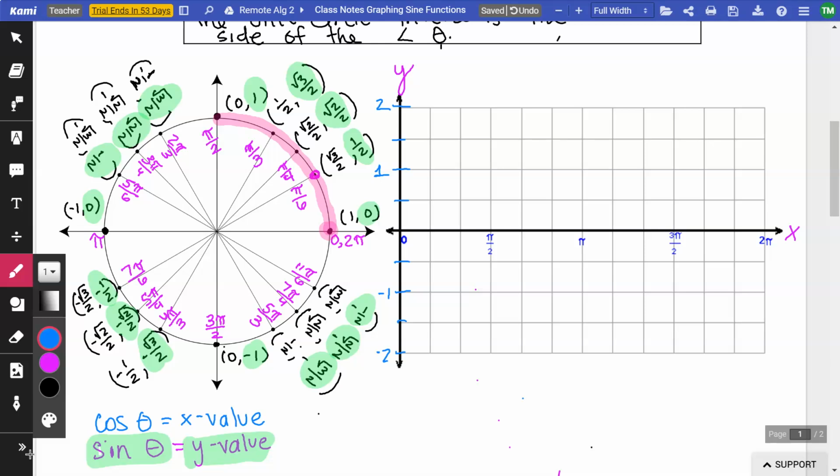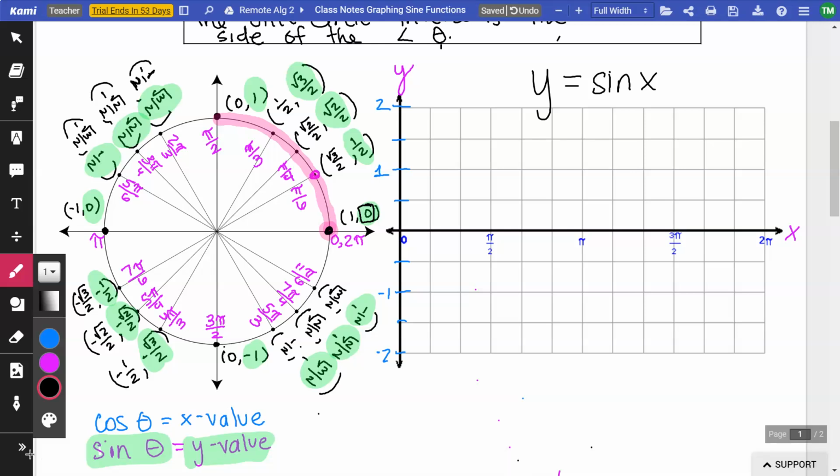So at 0 radians, what is our height here? How high would our Ferris wheel be? Our Ferris wheel would be 0 feet off the ground, right? So we would have a y value of 0. Remember, we're graphing y is equal to the sine of x, or the sine of theta.